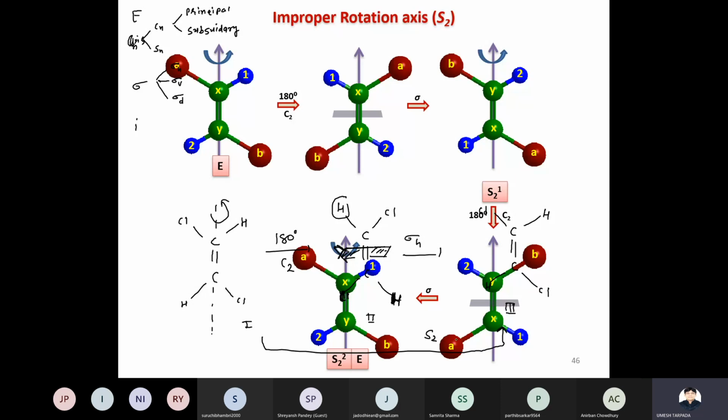So you can say that S2 raised to 2 is equal to E. Is it okay? Yes, sir. Okay, S2 raised to 2 is equal to E.